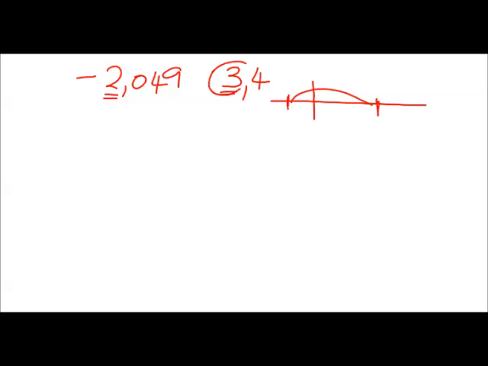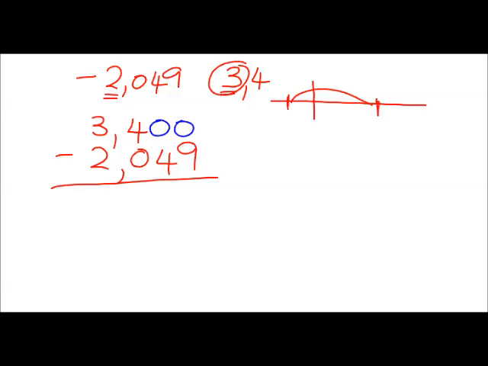3 is bigger than 2, so we're going to go 3,4 minus 2,049. What do we have to do? We've got to fill up with zeros so that we've got an equal number of decimals behind the comma.